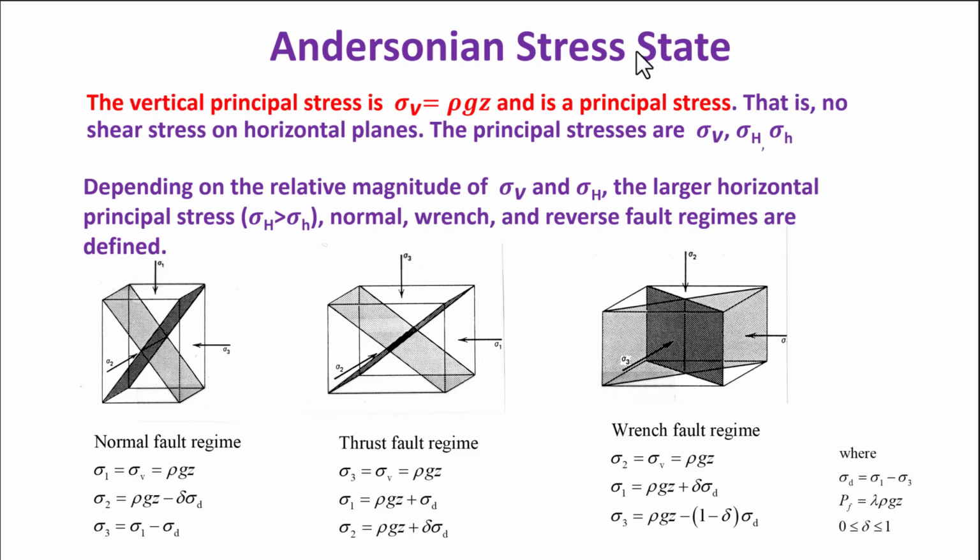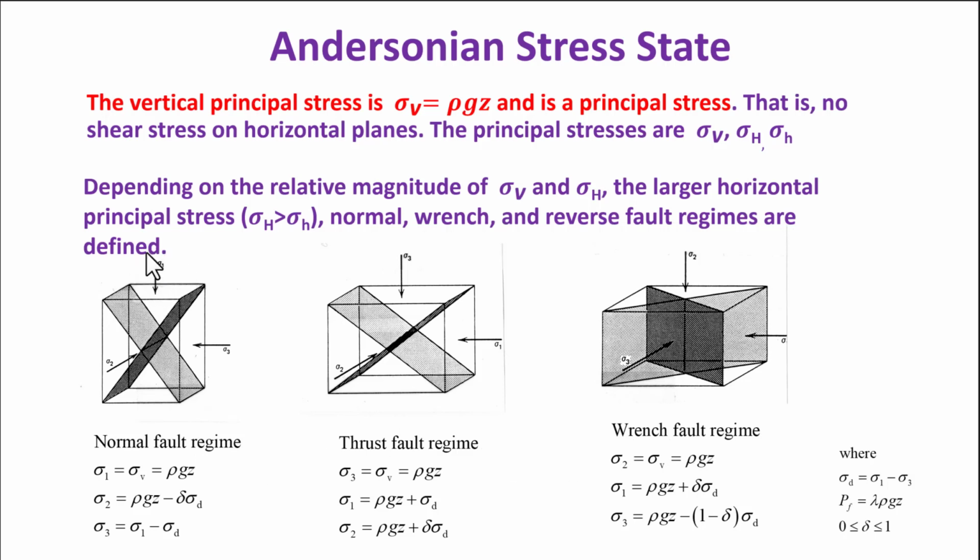In an Andersonian stress state, there's no shear stress on a horizontal plane, of course. Because the vertical stress is a principal stress, the other two principal stresses must be horizontal. The larger one is called sigma capital H, and the smaller one is sigma lowercase h. Depending on the relative magnitude of these three principal stresses, people speak of normal fault regime, thrust fault regime, and strike slip regime.